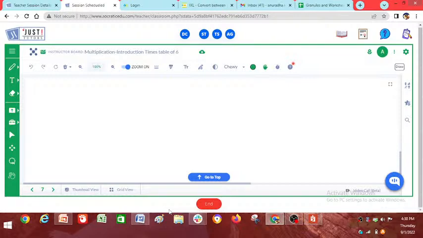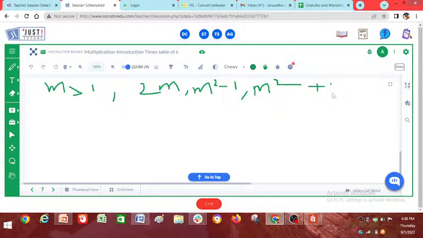So for any natural number m greater than 1, 2m, m square minus 1, m square plus 1 forms a Pythagorean triplet.